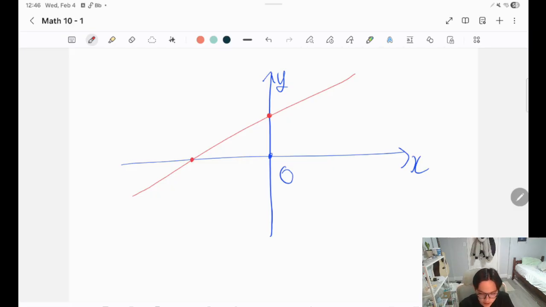So this point is the y-intercept, because it touched the y-axis, and this point is the x-intercept, because it's lying on the x-axis, right?